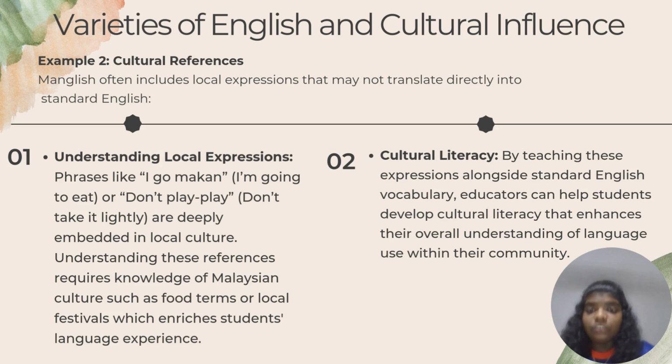So, the influence of culture on language varieties highlights the importance of teaching both linguistic skills and cultural literacy in the Malaysian classroom. By embracing these varieties and acknowledging their significance within the local context, educators can foster an environment that celebrates linguistic diversity while promoting proficiency in a standard form of English.